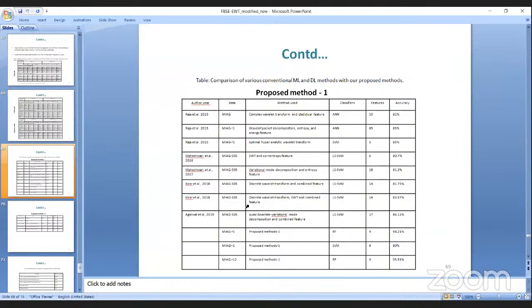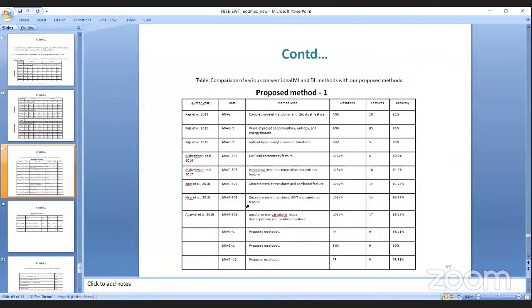Then we compared various conventional machine learning and deep learning methods with our proposed method. In the first proposed method, based on conventional machine learning, we extract features, then train the system, and then use the trained system for classification.